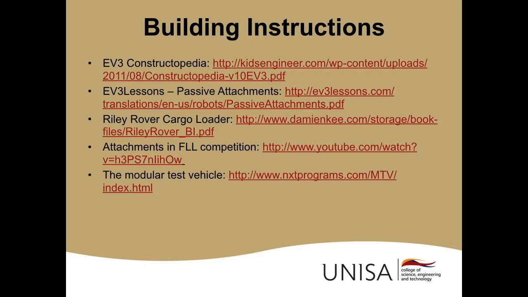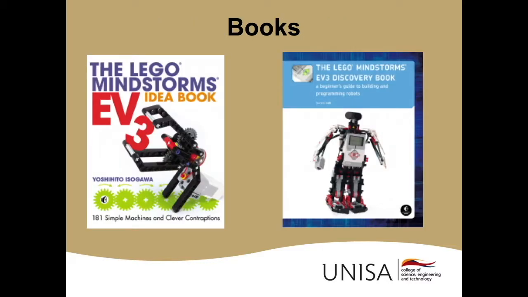And there is the modular test vehicle, where they provide you with some ideas on how to design your robot out of various modules that you can add and remove from the robot to obtain different capabilities. There also are 2 excellent books.